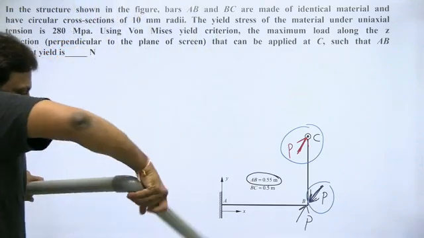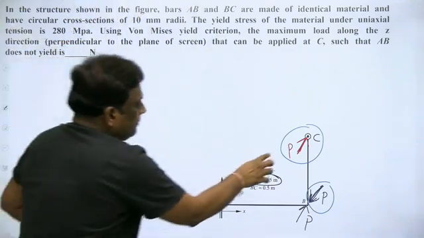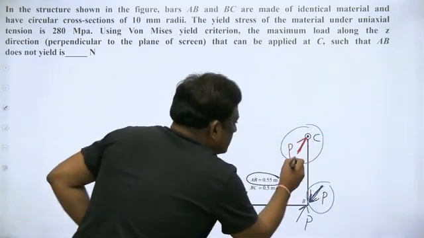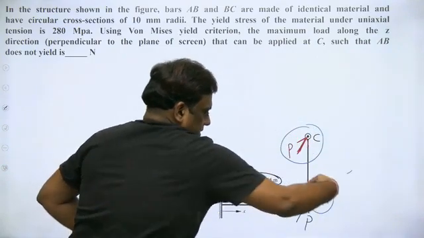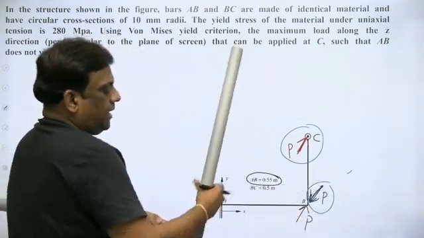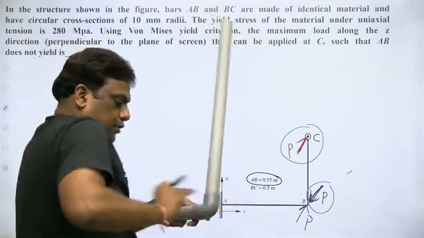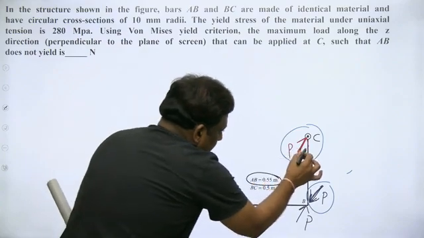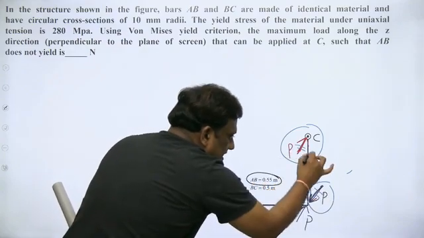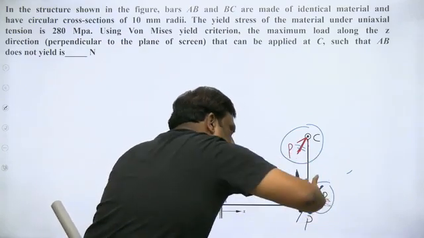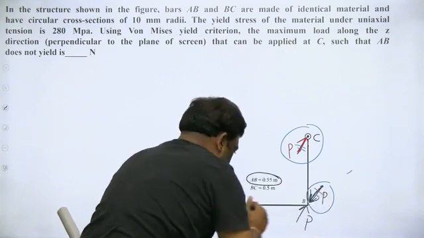They are trying to twist this. If you see, this is like this and this is like this. They are creating a couple in the cross section of this AB. These two will result in a couple that is in the plane of the cross section of this AB.